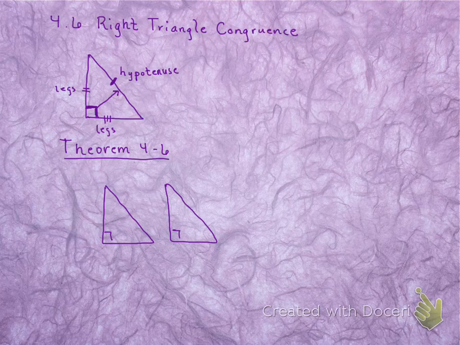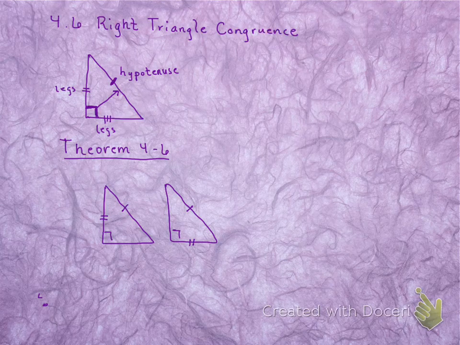Now, what that theorem does not use is the word corresponding. For example, if the hypotenuse of the triangle on the left is congruent to the hypotenuse of the triangle on the right, we're all good. However, if this side on the triangle on the left is congruent to that side of the triangle on the right, that is not the HL theorem.